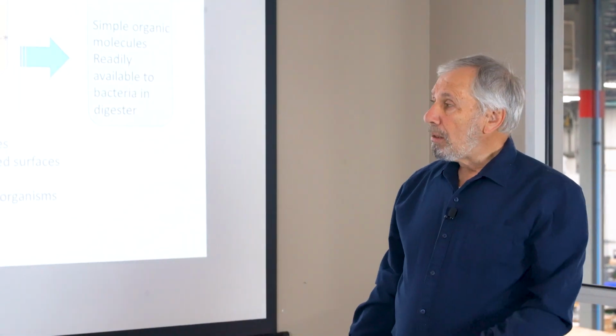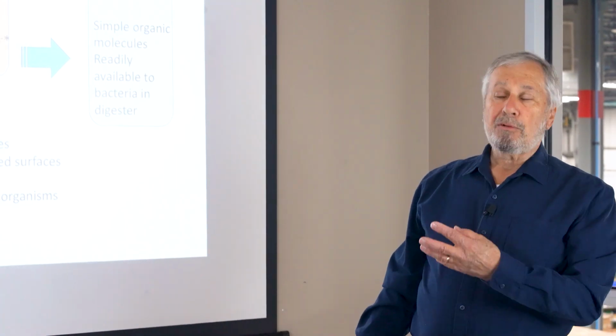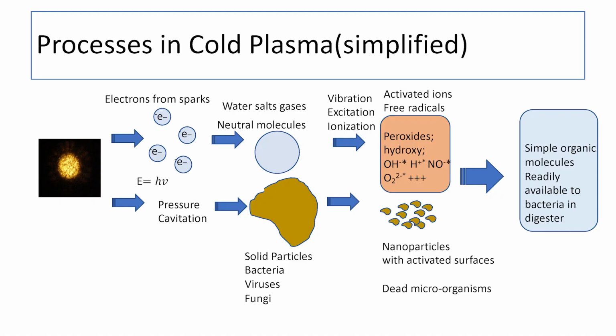But having got that, how and where do you use it? Well, let's think what it does. We take the plasma, it produces electrons, it gives you water, salts, gases, neutral molecules. You've got solid particles in there which can be bacteria, fungus, or just simply lumps of metal or earth.